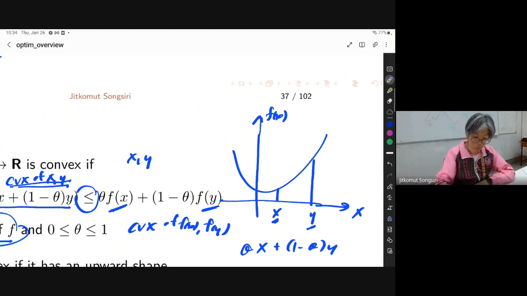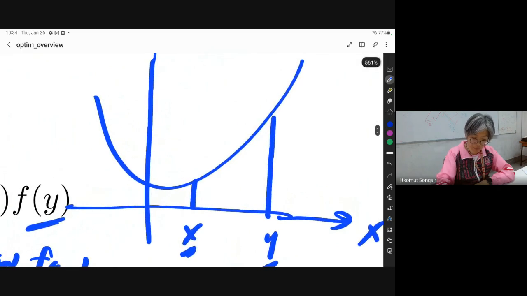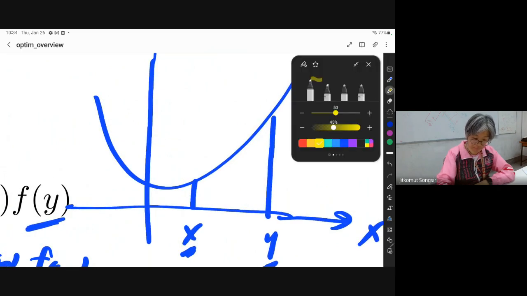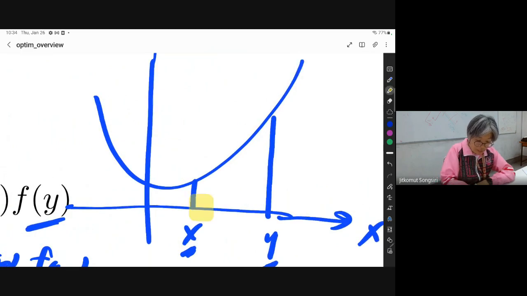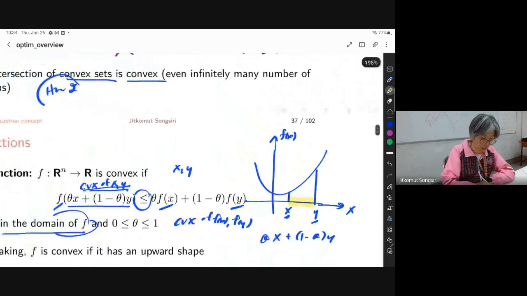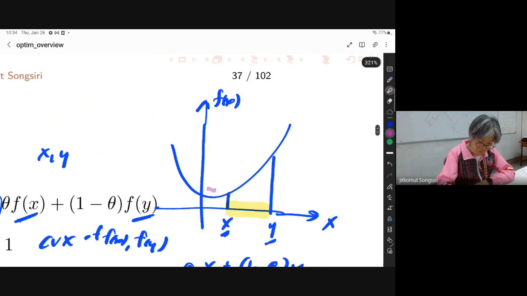On the x-axis, what portion? Right? This is the yellow region. This is the point theta x plus 1 minus theta y. Now, where is f(x)? Here.